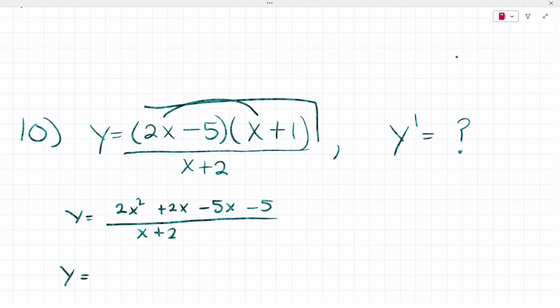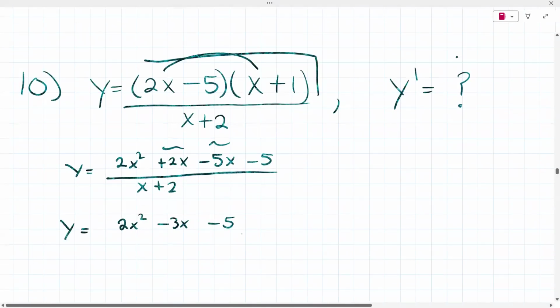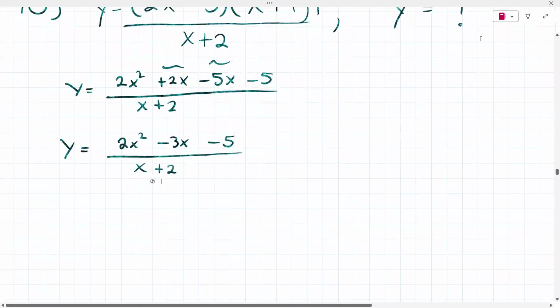And if you clean it up a bit more, this is going to be 2x squared, and 2x plus negative 5x is negative 3x, minus 5, all over x plus 2. Okay, now you may use the quotient rule.